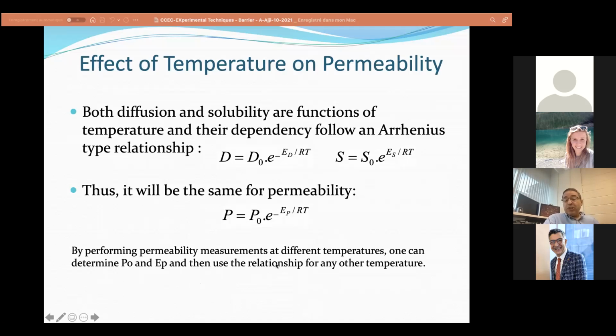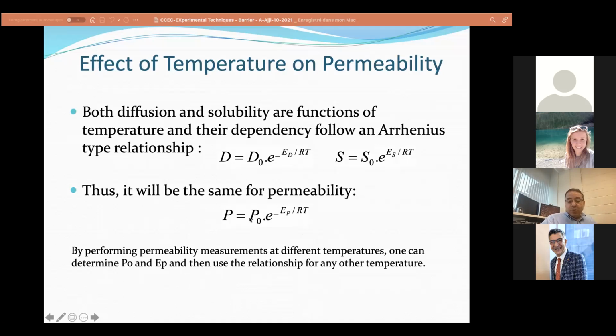The effect of temperature is very important. It follows basically an Arrhenius type of dependence, because the permeability is the product, as I mentioned, of diffusion and solubility. So your activation energy will be a combination of the activation energy associated with diffusion and solubility.